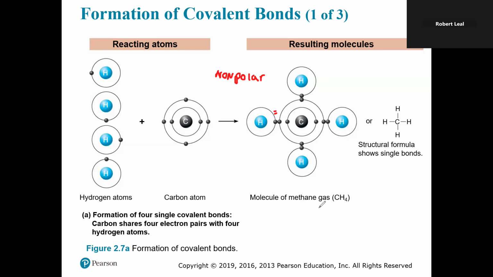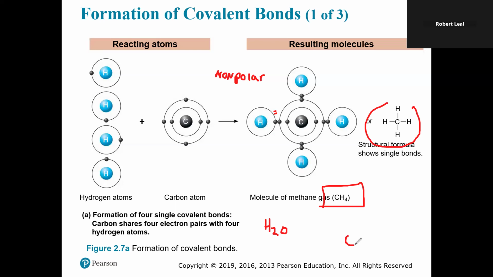Okay, another thing you want to take note of is that this is the molecular formula for this type of gas called methane gas. Just like if I want to write down one molecule of water, you probably already know it as H2O. Whereas they drew the methane gas here, you see these lines, that's called structural formula. So let's say I want to draw the structural formula for water.